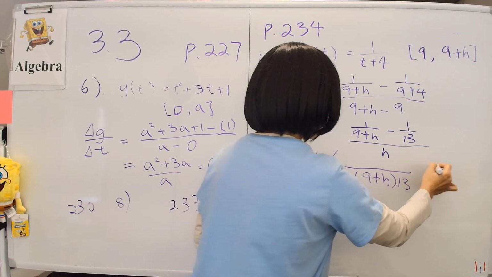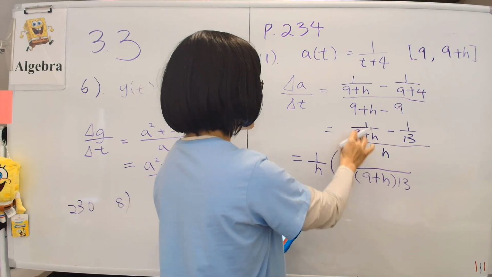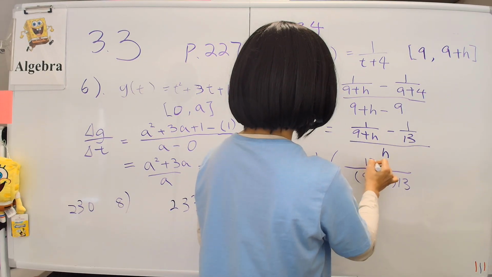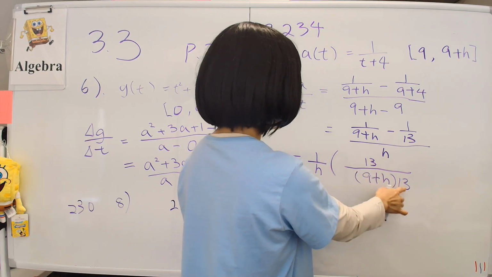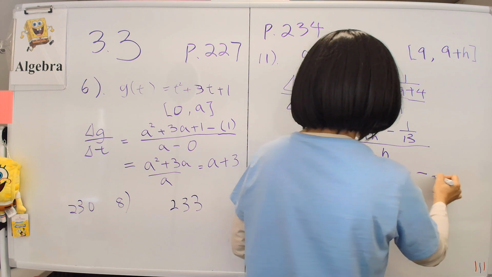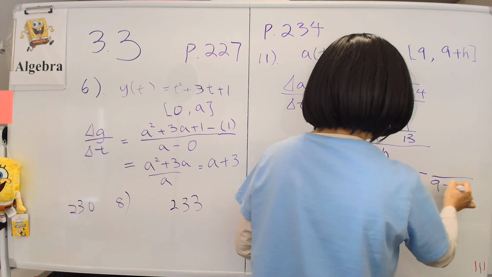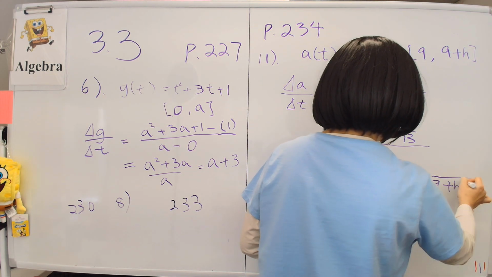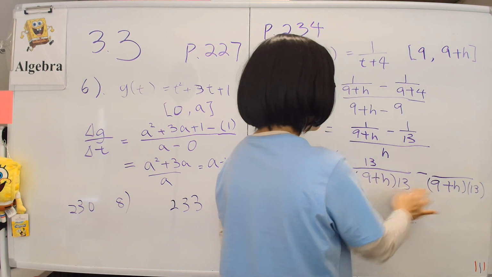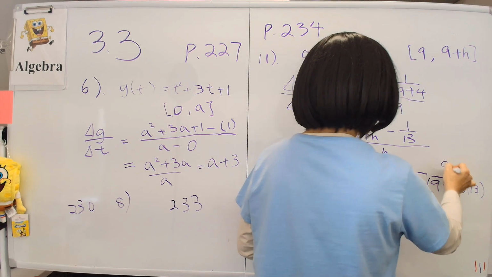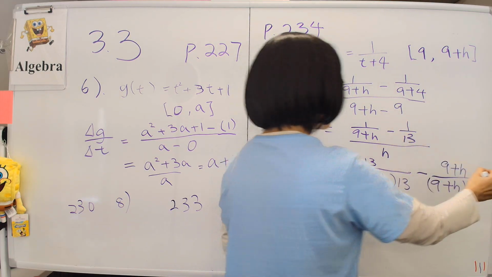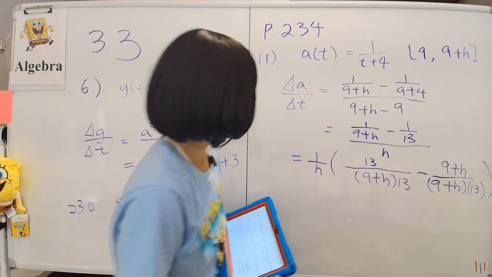The first part then becomes 13, because if you cancel out, it becomes this thing. Then subtracted by the second part, which is 9 plus h, times 13. And then the second part, we'll have 9 plus h, because when you cancel it out, it becomes 1 over 13 again. So it must be correct.